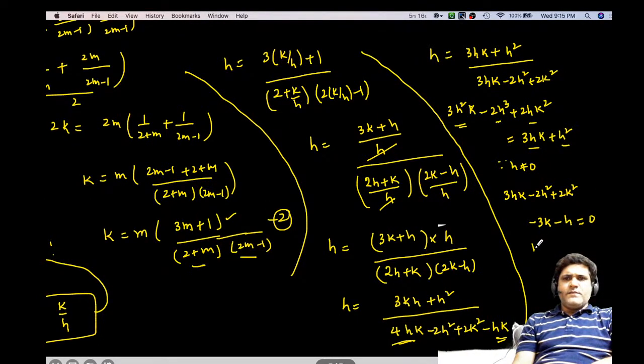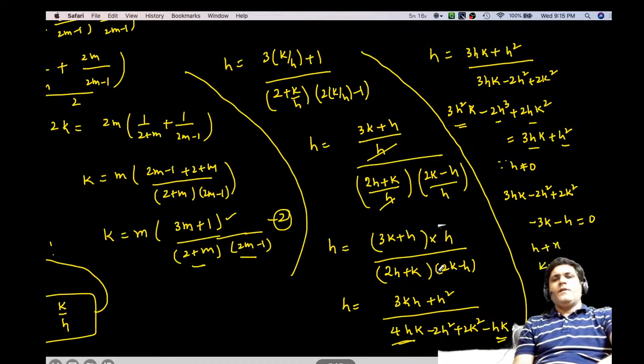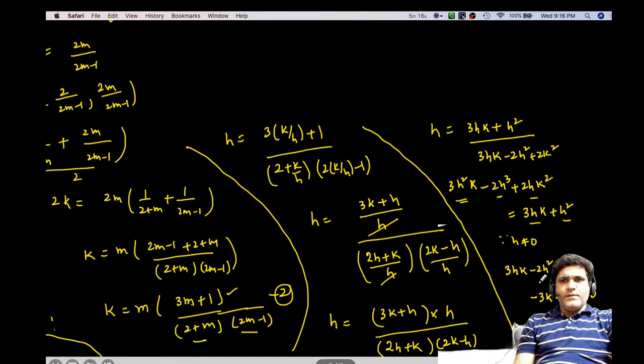Now replace h by x, k by y, then we will get the locus. Replace h by x, k by y, what you get: 3xy minus 2x square plus 2y square minus 3y minus x equal to 0.